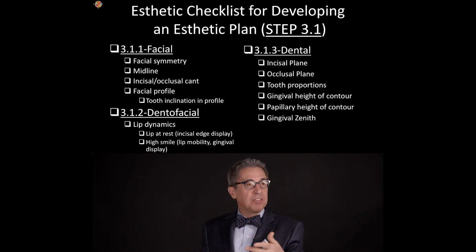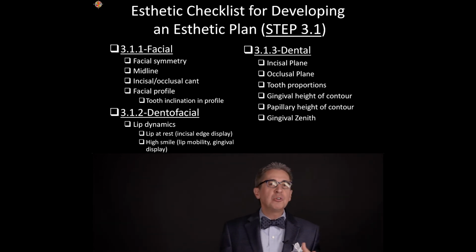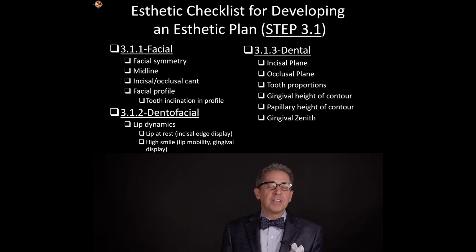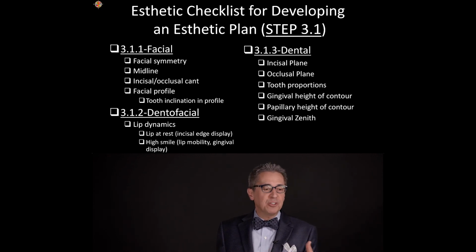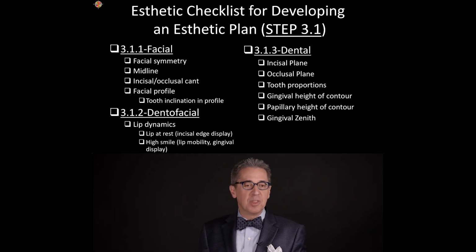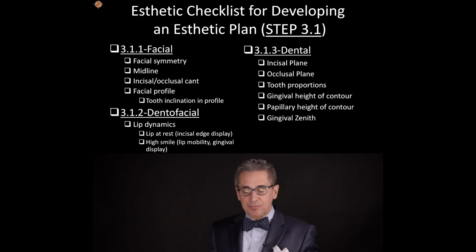And then all the dental things like tooth proportions and gingival height of contour, those are all things that with dentures you don't have to worry about. The denture teeth are already at the right proportion. They're just coming out of the box the right way, and if the technician's putting the pink around the teeth properly, all the gingival things are correct.